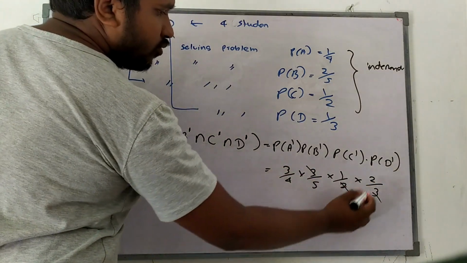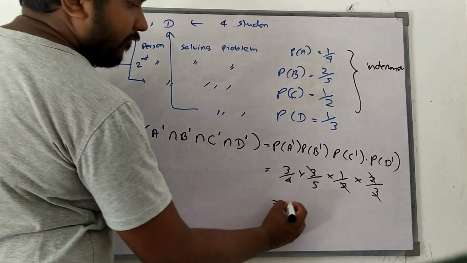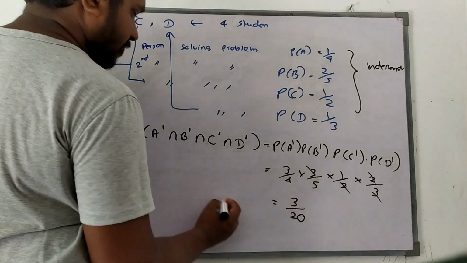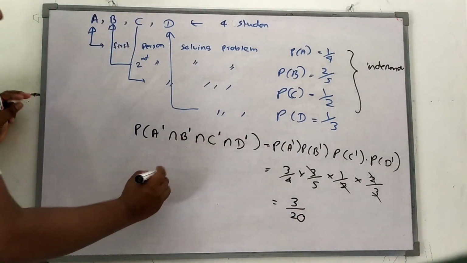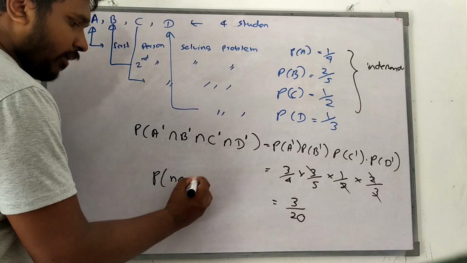Therefore, it's 3 over 20. This is the probability that no one solved it.